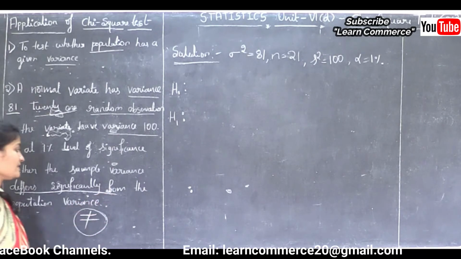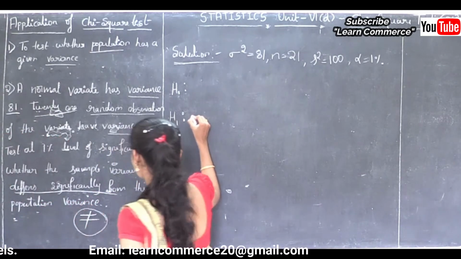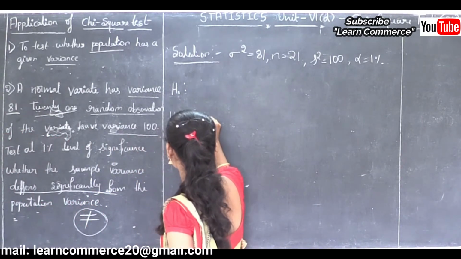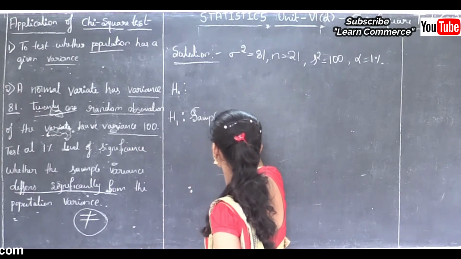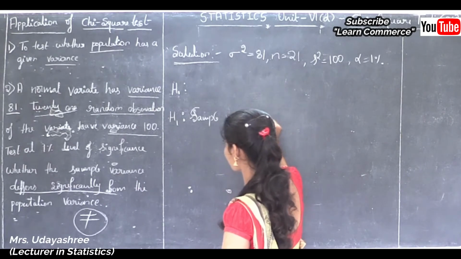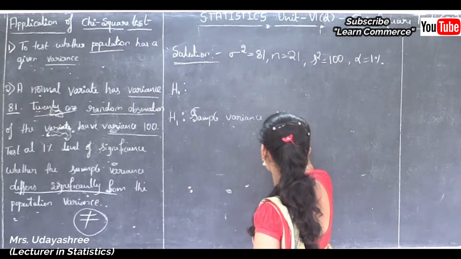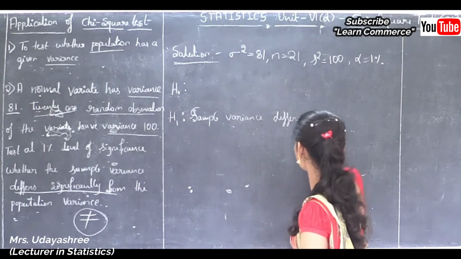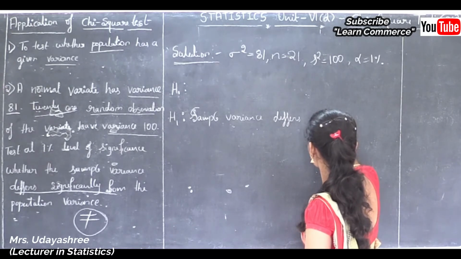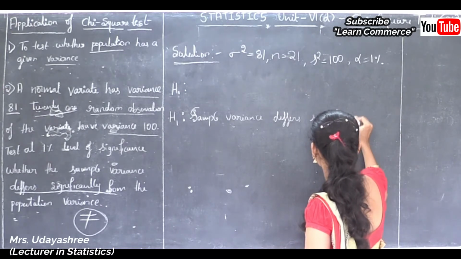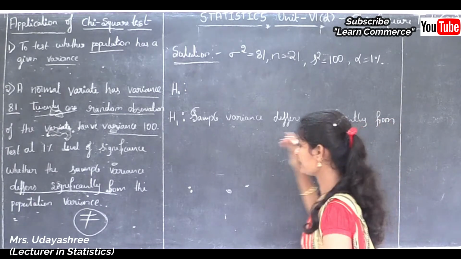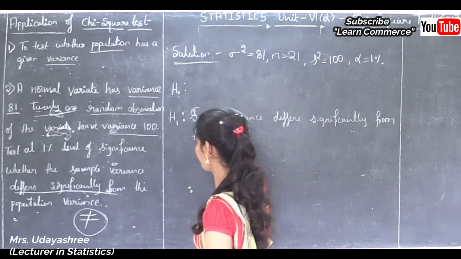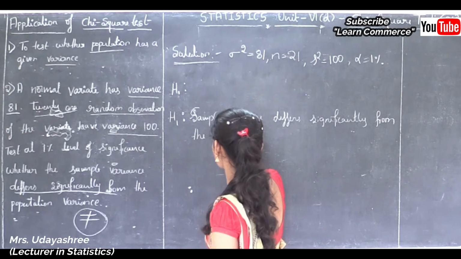So the sentence is: the sample variance differs significantly from the population variance.